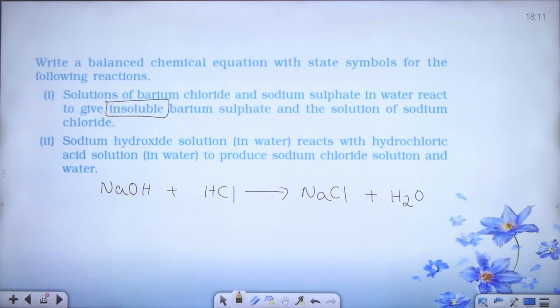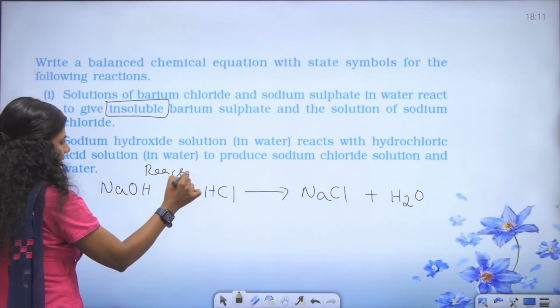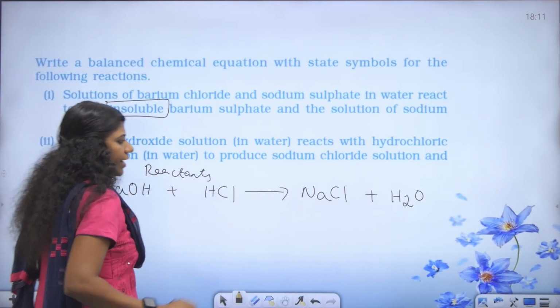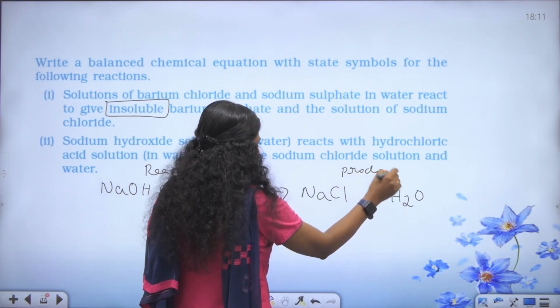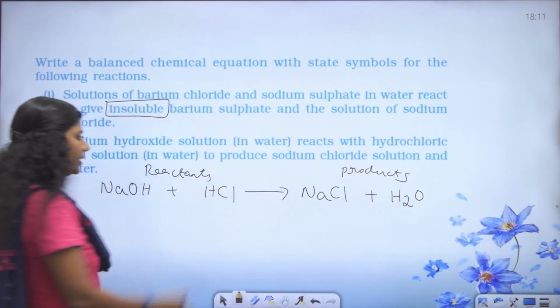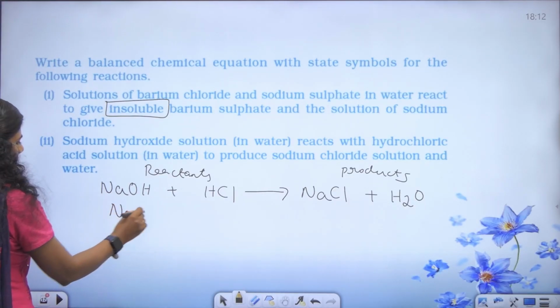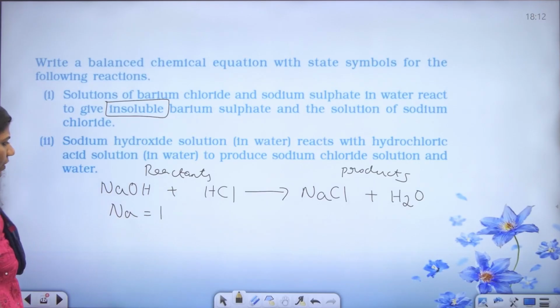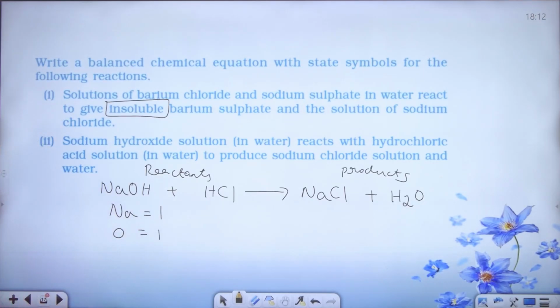Check if this equation is balanced or not. NaOH and HCl are reactants and NaCl and H2O are products. The number of sodium atoms is equal to 1. The number of oxygen atoms on the reactant side is equal to 1.